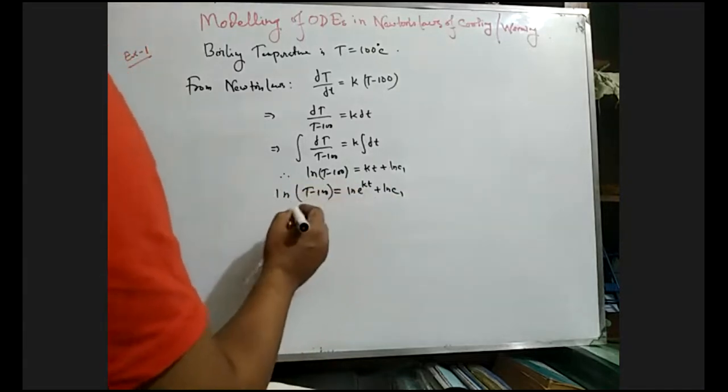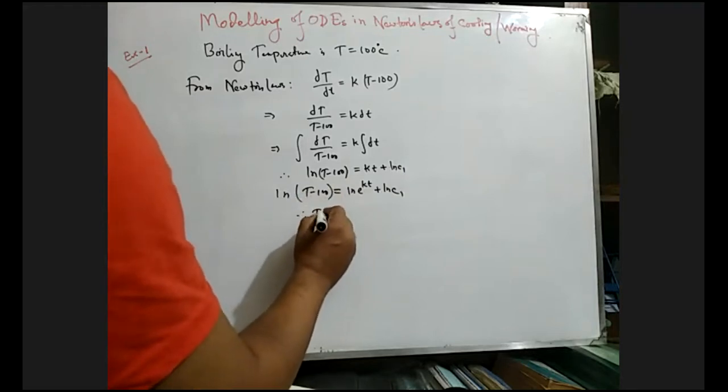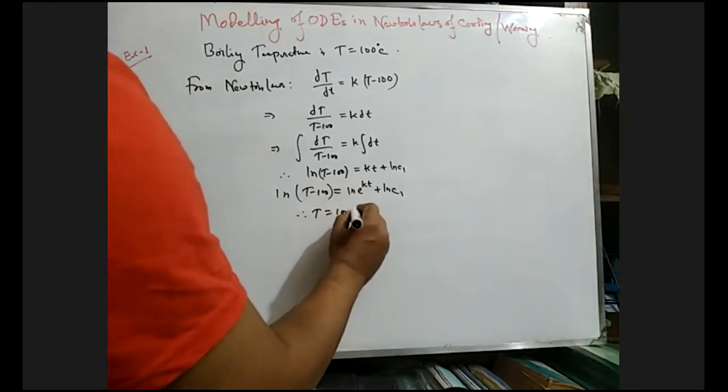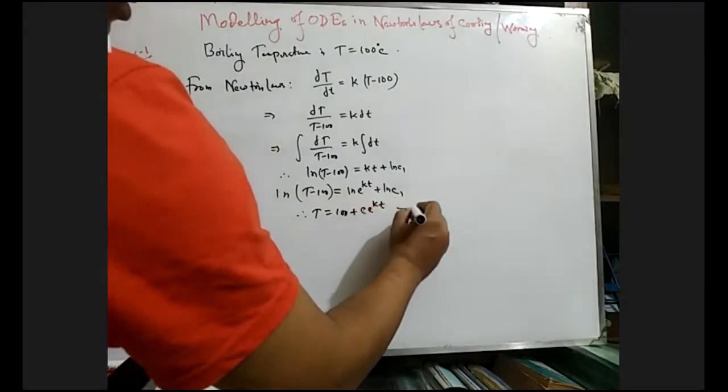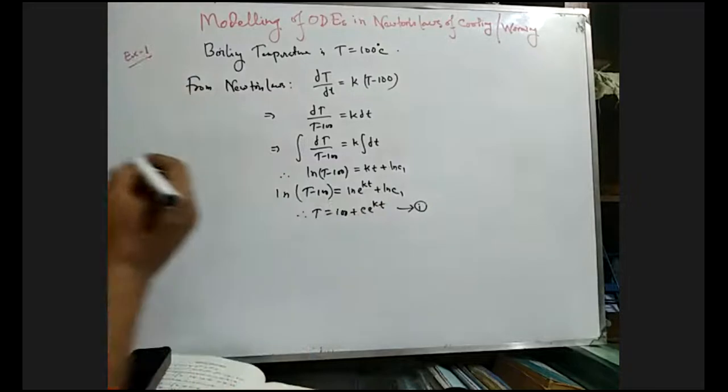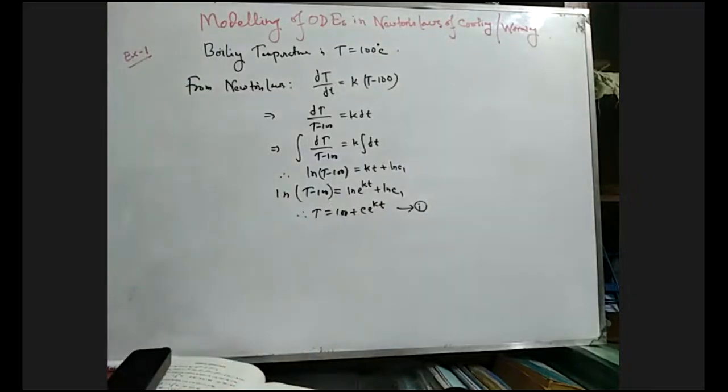So omitting ln from both sides, we can write T equals 100 plus c e to the power kt. This is equation number 1. So c is actually a constant.